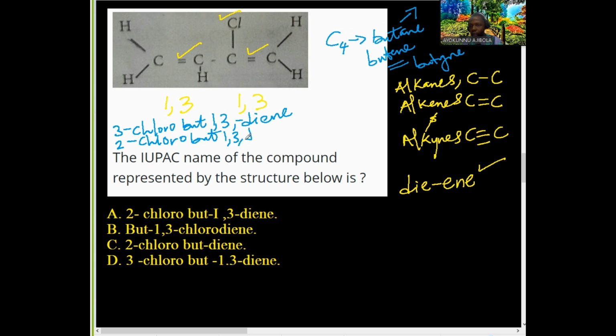Now if you check these two, the two of them are in the options, right? So 2 chloro but 1, 3 diene, 3 chloro but 1, 3 diene. We will go for the smallest number. So which one is our answer? 2 chloro but 1, 3 diene.